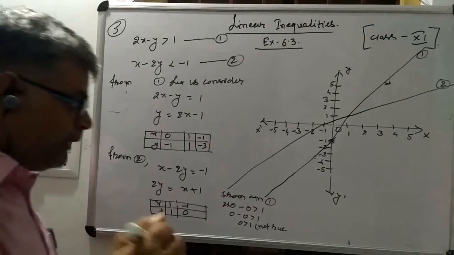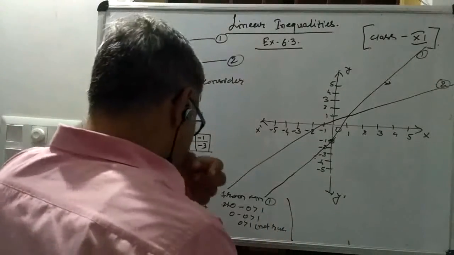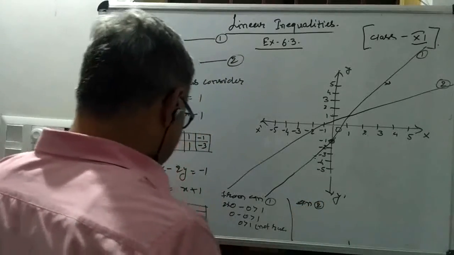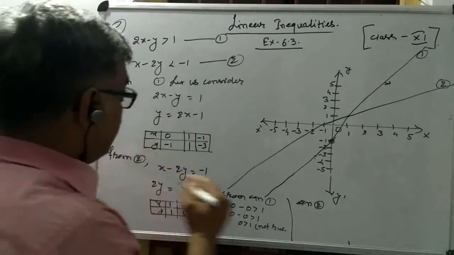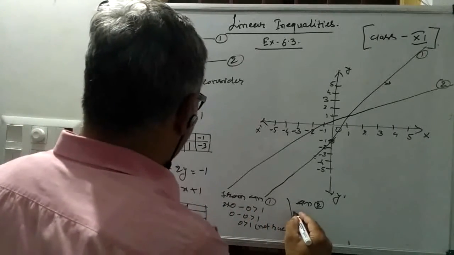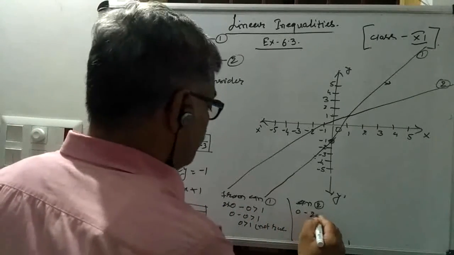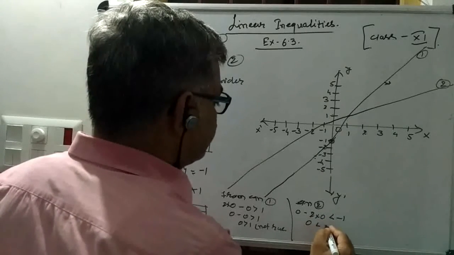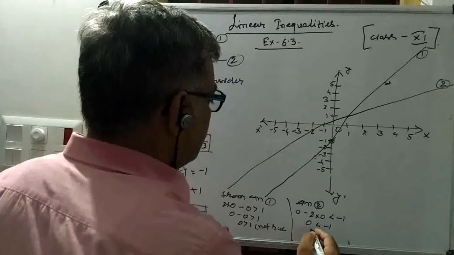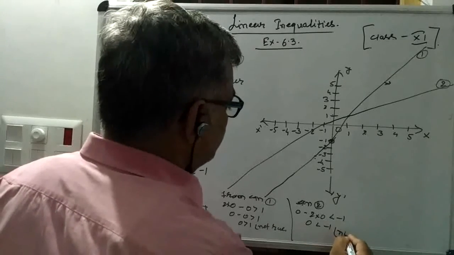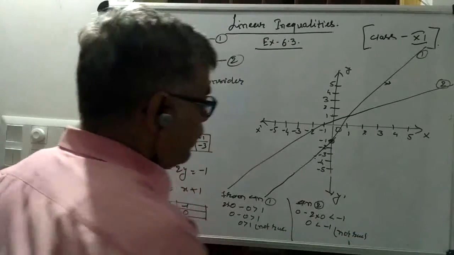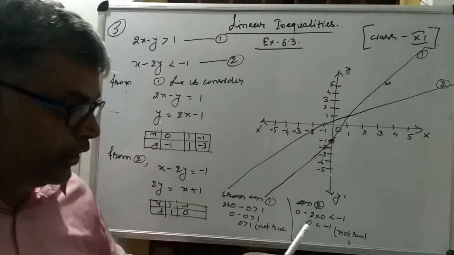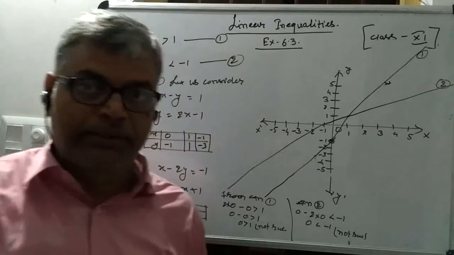Now similarly in equation 2 also, when you put x and y as 0, then 0 minus 2 into 0 is less than minus 1, so 0 is less than minus 1. Again it is not true, because 0 is greater than every negative integer. 0 is not smaller than minus 1.